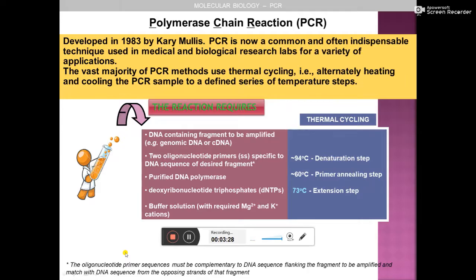Normally, the process of thermal cycling is involved, and you follow three main steps. One is the process of denaturation, followed by a primer annealing step, and then finally an extension step.